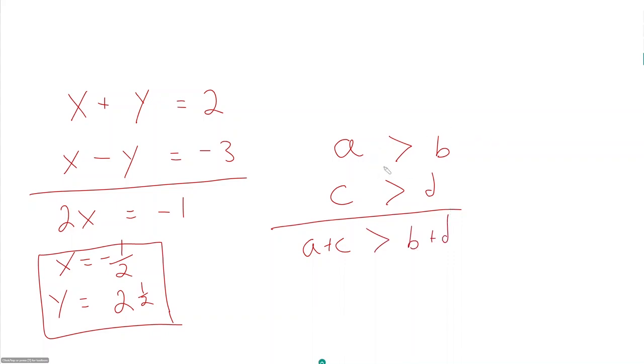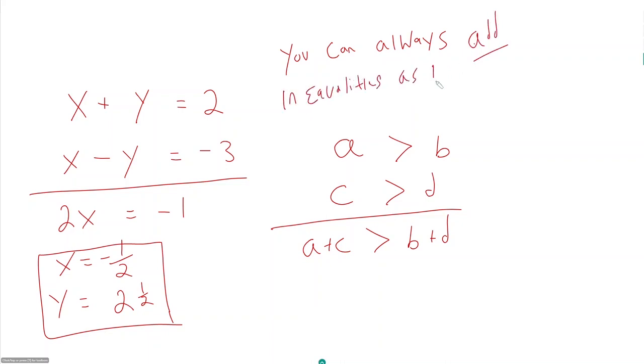Now, you cannot subtract these guys. And so the rule is you can always add inequalities as long as their signs are facing the same direction.